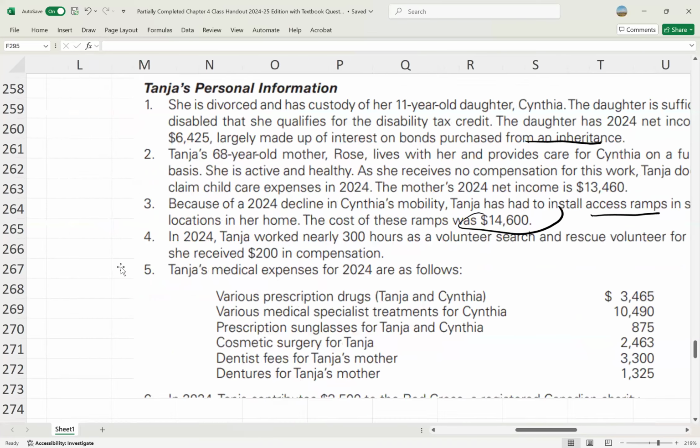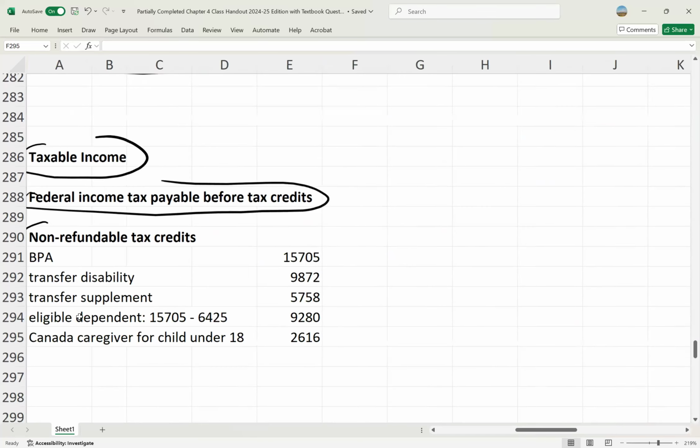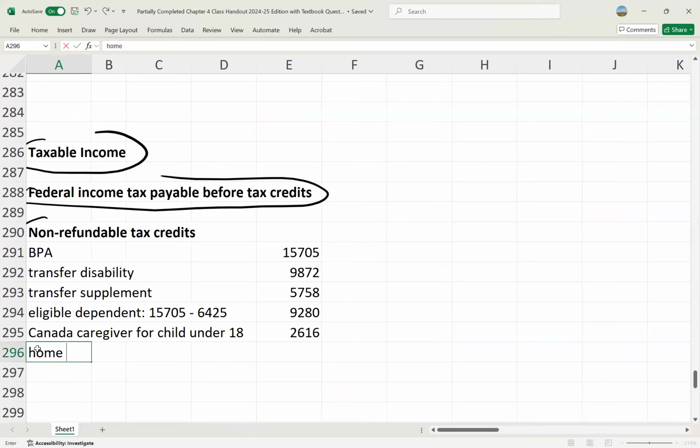So let's just make a note of the home accessibility tax credit. And once again, lesser of 20,000 and 14,600. We'll also make a note here, also qualifies as medical expense as well. So when we get to the medical expenses, we'll remember to add that amount.